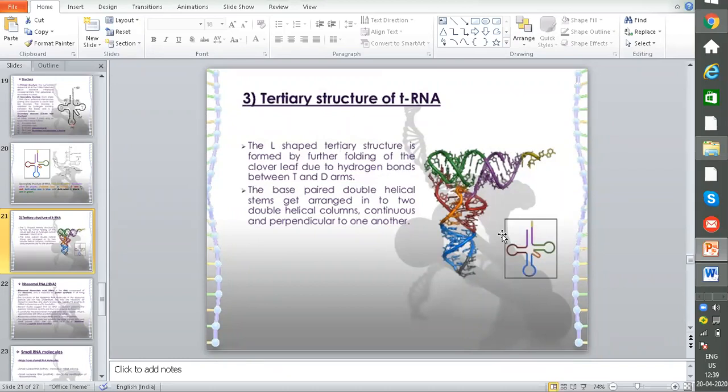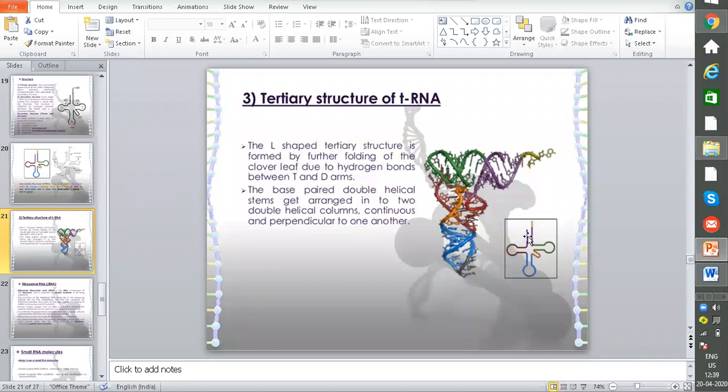That means the acceptor arm and the T arm will be combined, and the D arm and anticodon arm will be combined. Here it is forming two double helical columns. Actually, it is a helical structure, and now it is forming two helical structures.